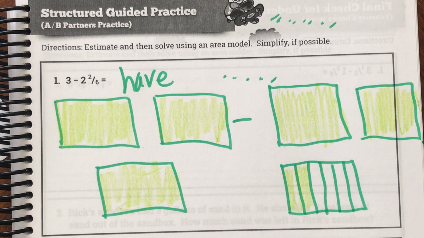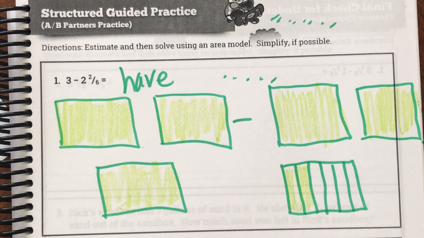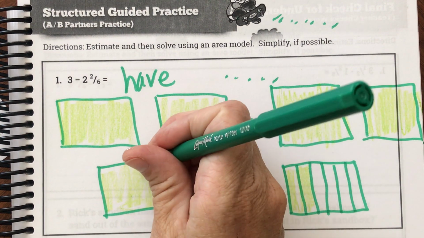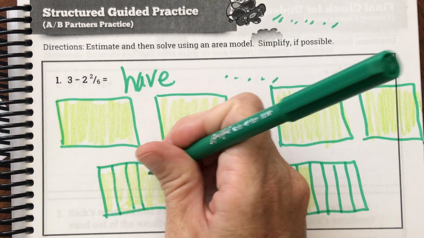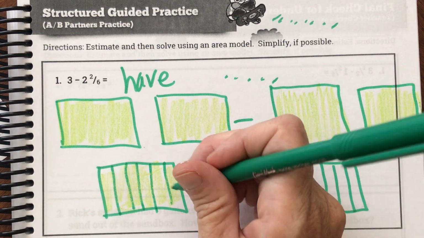Okay, so now it says to make match. I don't really need to make them match because I don't have the other kind. So they want me to take away 2/6. Well, when I come over here, I can't take away 2/6. So I need to regroup or cut this one up so I can take away the 2/6 because they want me to take away 2 pieces.